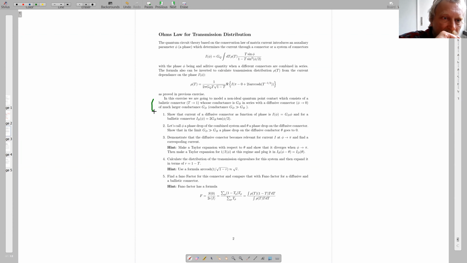And it is made out of a quantum point contact, where all transmission eigenvalues are one. And next to it, we have a diffusive conductor.